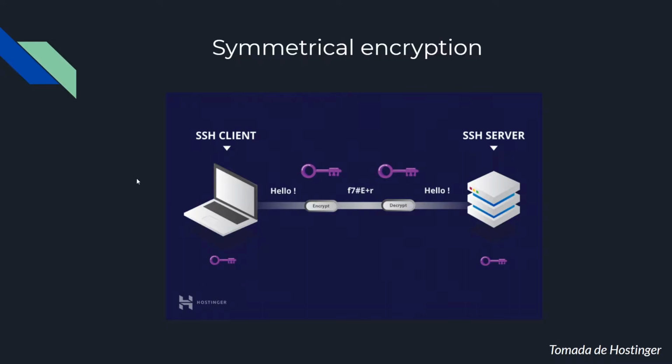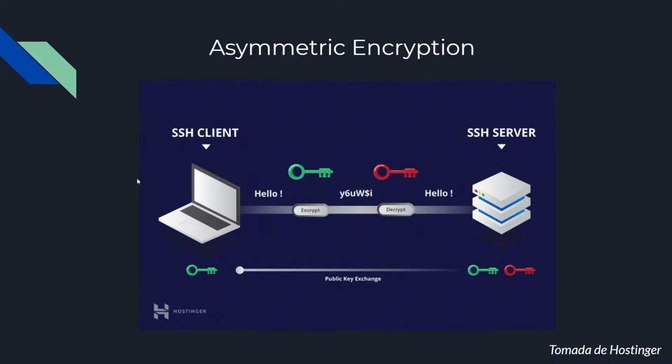So let's talk a little bit about asymmetric encryption. It is a kind of encryption which uses two separate keys for encryption and decryption. They are commonly known as the public and the private key. Together they form a public-private key pair.